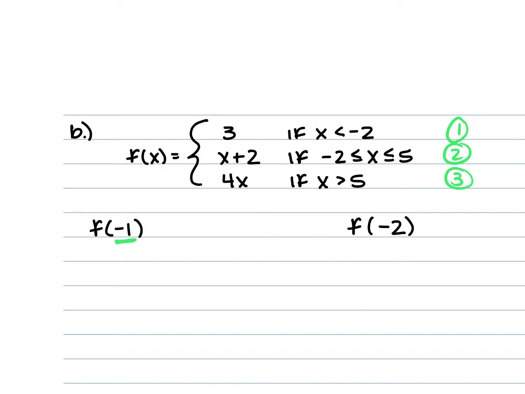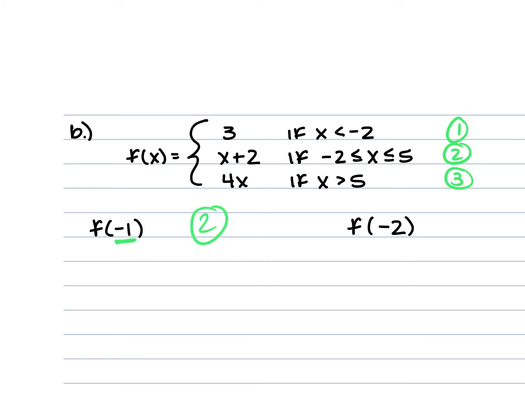Is -1 less than -2? If we were to replace this x with -1, would it make sense? No. If we were to put -1 here, is -2 smaller than or equal to -1, which is smaller than or equal to 5? It works for number 2. Does it work for number 3? Is -1 bigger than 5? No.